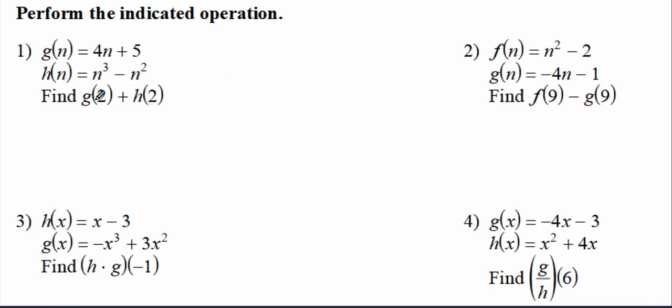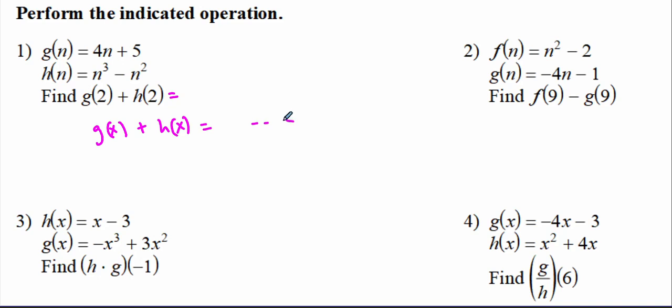So if all I care about is just one example, I could theoretically find what g of x plus h of x is, combine them first, and then plug into the final result.